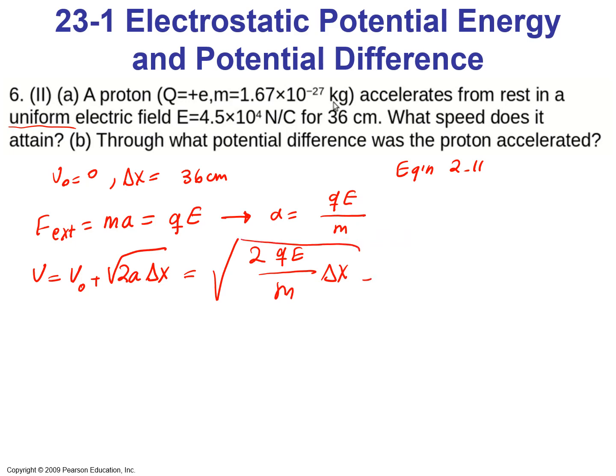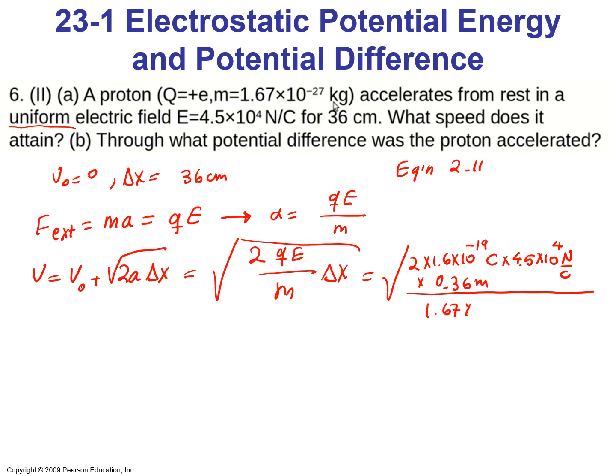Let's plug in the numbers. The square root of 2 times charge, 1.6 times 10 to the power minus 19 Coulomb, times the electric field, 4.5 times 10 to the power 4 Newton per Coulomb, times the distance, 0.36 meter, divided by the mass of the proton, 1.67 times 10 to the power minus 27 kilogram.